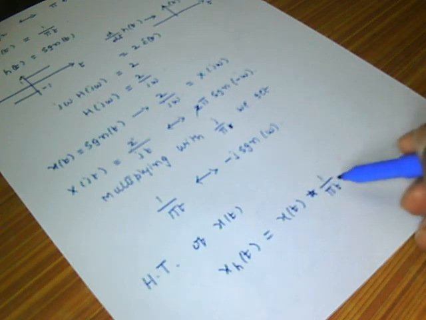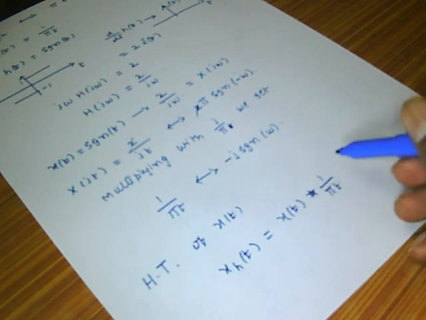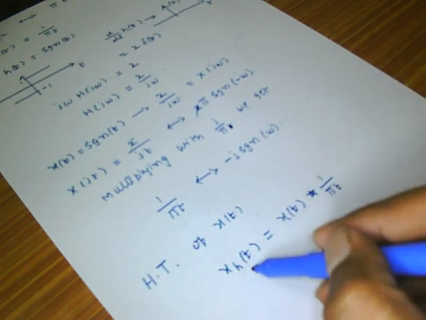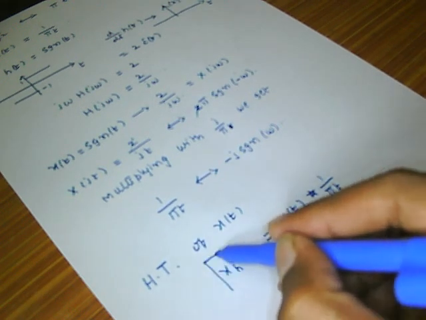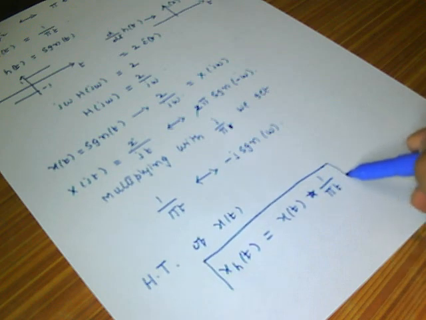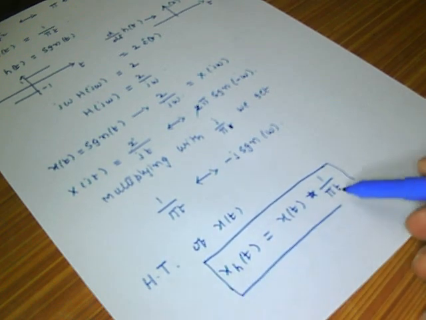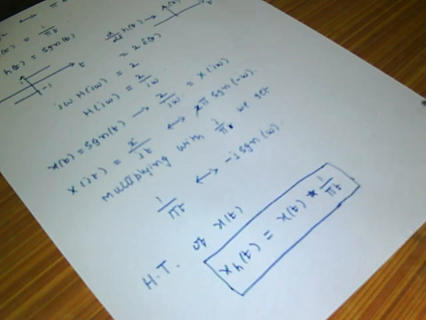If you convolve any signal x of t with 1 by pi t, you get what is called the Hilbert transform of a signal. So we will stop here, and the continuation of the Hilbert transform we will see in the next lecture. Thank you.